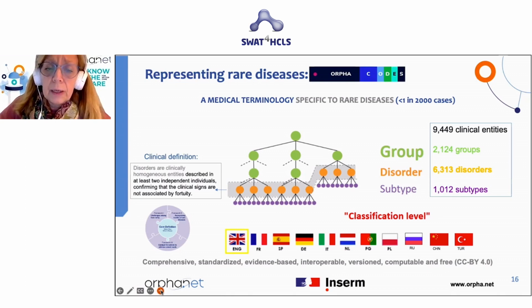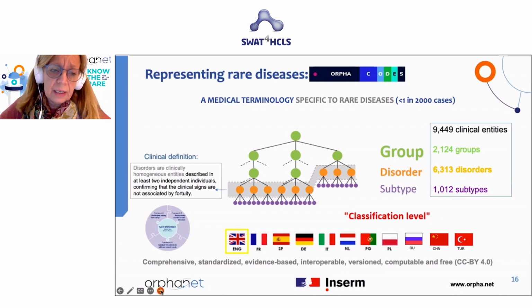And by putting all the points of view together, you can gather different points of view into a single system that is accurate and unambiguous in the way to name things and to identify things, and in many languages, so as to improve also the cross-country, international dimension of rare diseases.